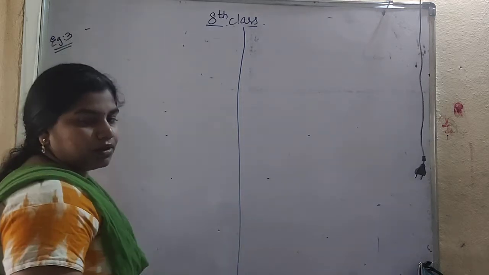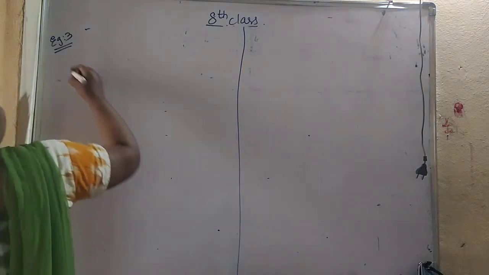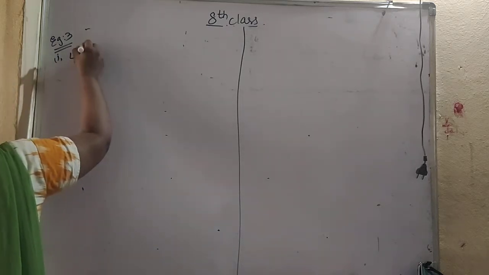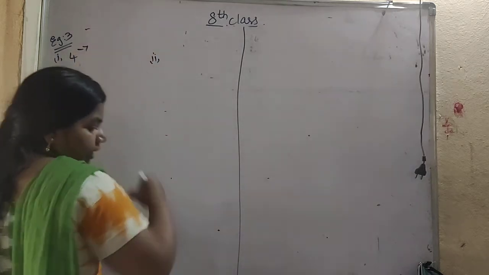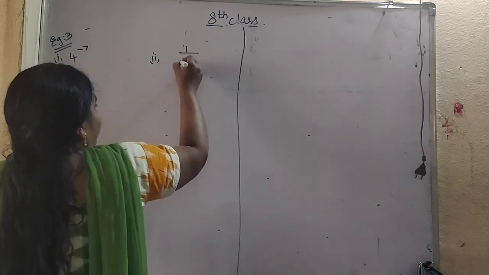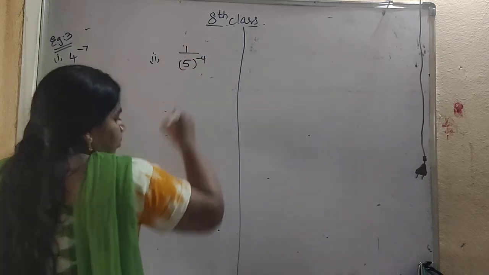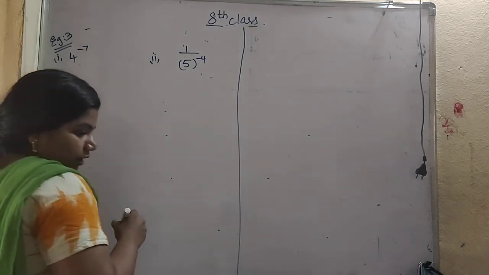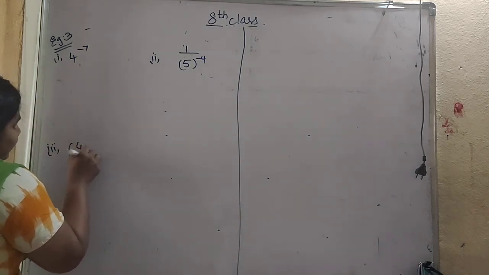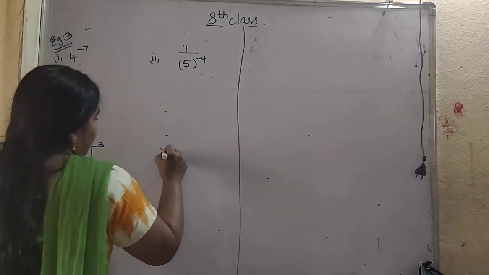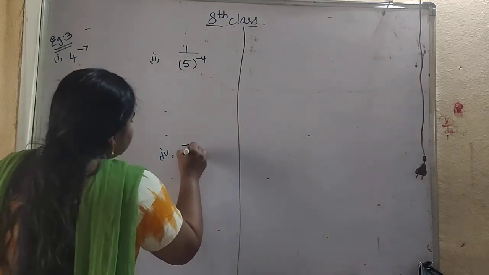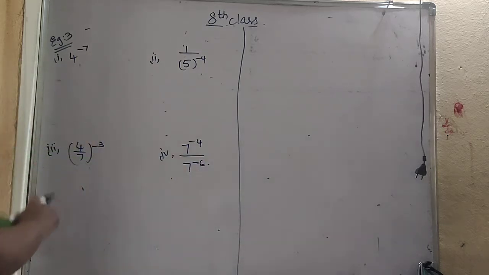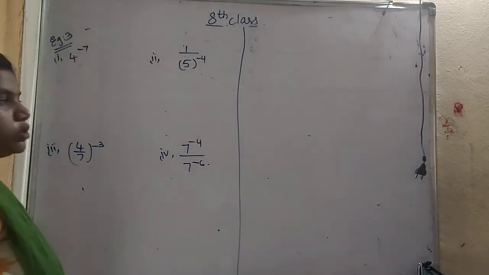We have to convert them into positive exponents. The first one is 4^(-7). Second is 1 by 5^(-4). Third is (4 by 7)^(-3). And the fourth one is 7^(-4) by 7^(-6). So all these negative powers we have to convert into positive powers.